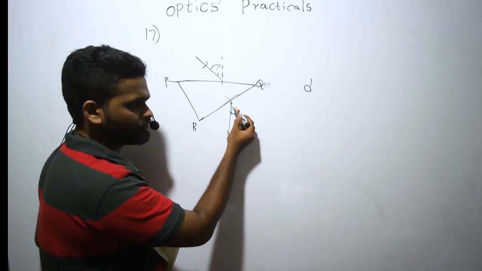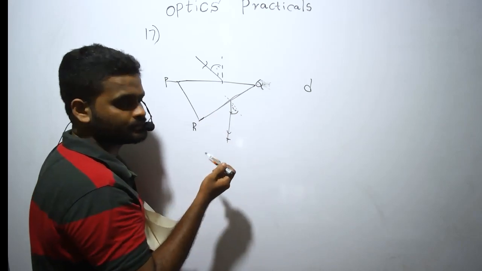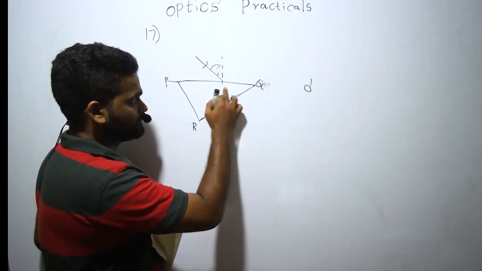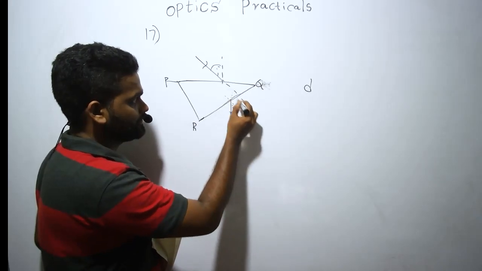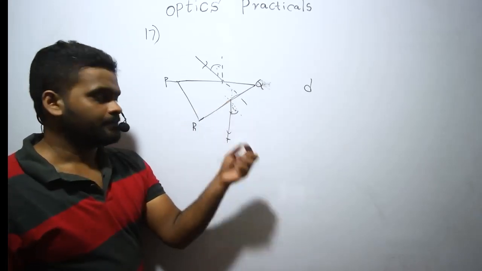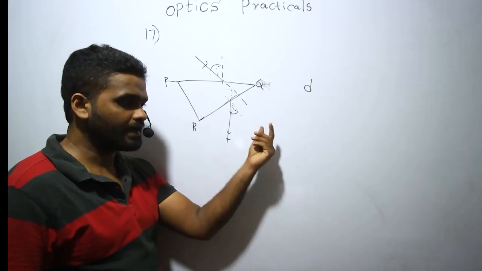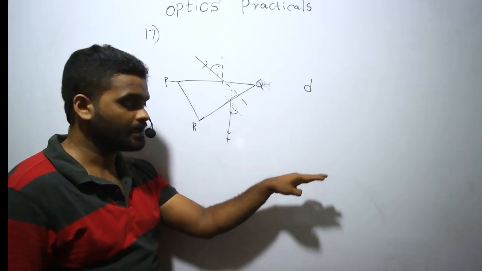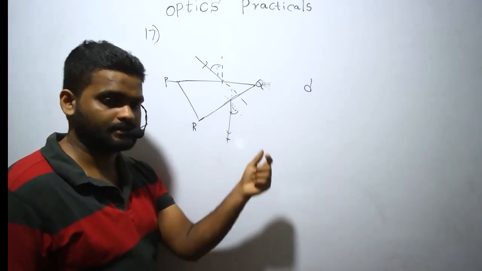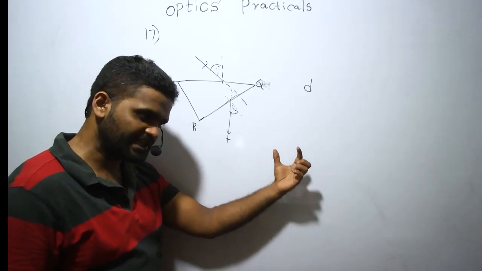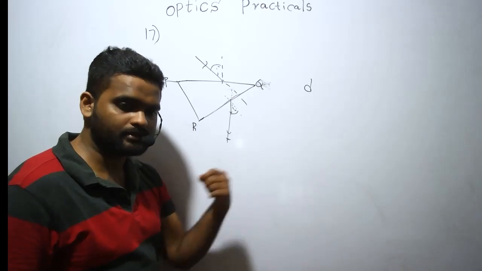Then you can use a protractor to find I2, right? Then by this method, you can increase the number of coordinates. The more xy coordinates, the better you can draw the graph, right?